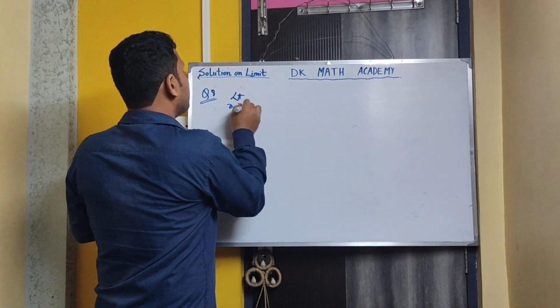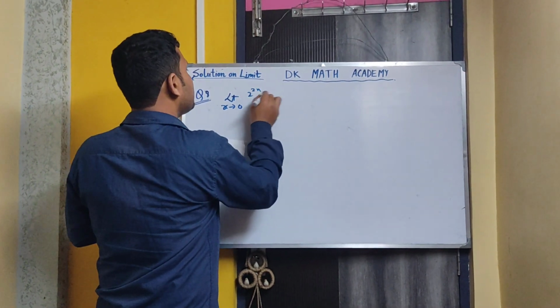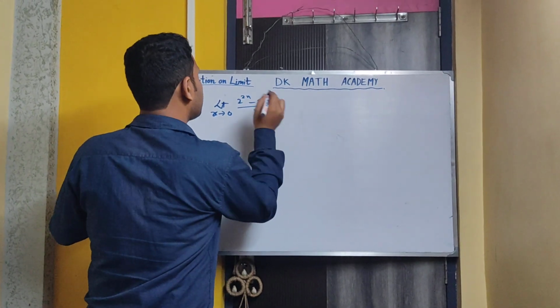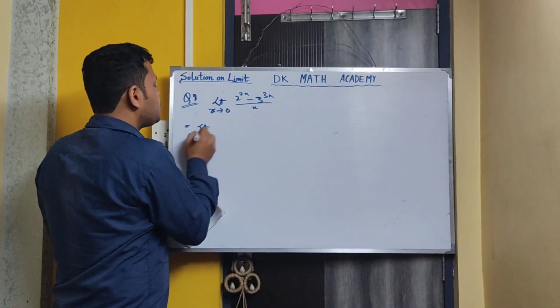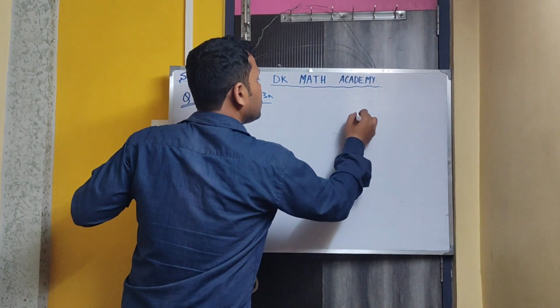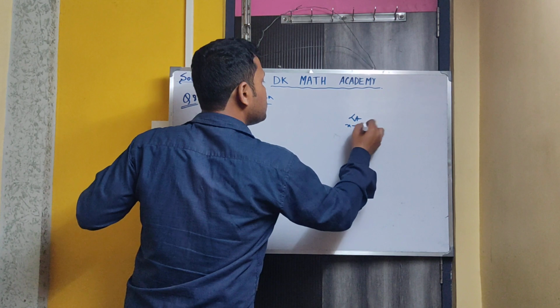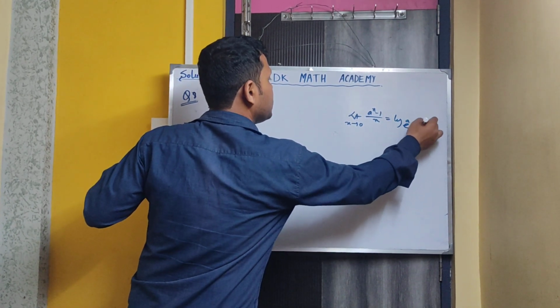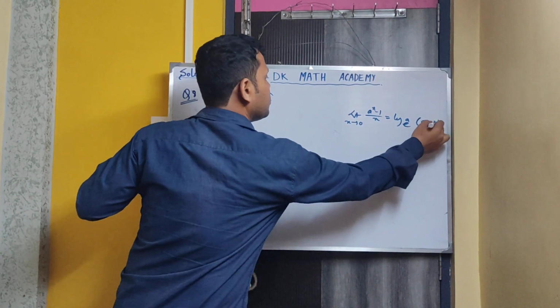Limit x tends to 0, (2 to the power 2x minus 3 to the power 3x) divided by x. Actually, we follow this formula: limit x tends to 0, (a to the power x minus 1) by x is log a to the base e, where a is greater than 0.